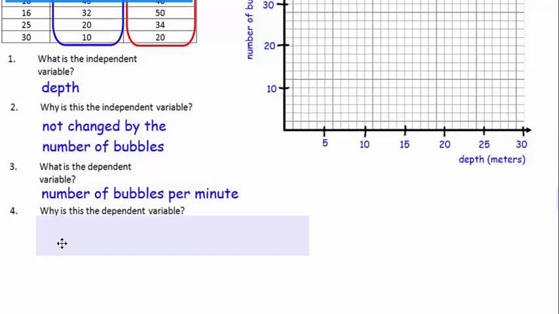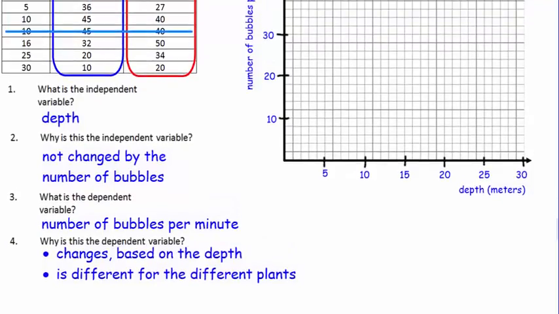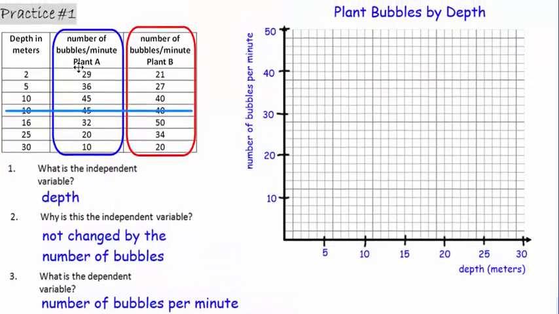So something along the lines of the deeper you go, the more bubbles there are, it changes based on the depth, etc. All right, so now you're going to want to have 2 different colors, otherwise it gets really confusing. So we're plotting both of these sets of data on the same grid. Okay, so I'm going to plot my plant A in blue because I outlined it in blue, and my plant B in red. So I'm going to get my blue pen ready.